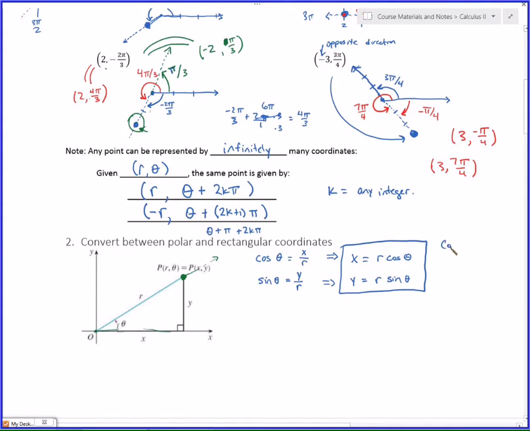That's useful for converting from r theta, because if you know r and theta, you just plug them in. Plug in r, plug in theta, simplify that, you found your x. That's how you convert from polar to rectangular. Those are the ones you want to do because they're easy.